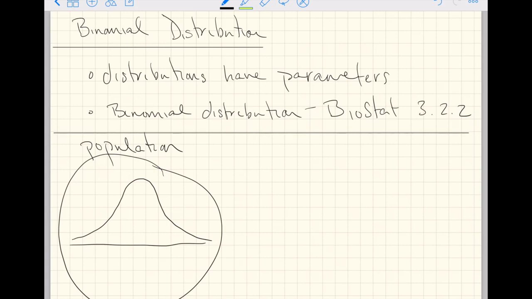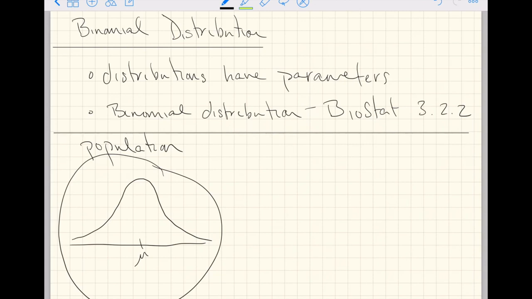And these distributions have population parameters. That is, they have characteristics that describe the population of interest. For instance, there is a population mean, mu. It's generally written with the Greek letter mu.